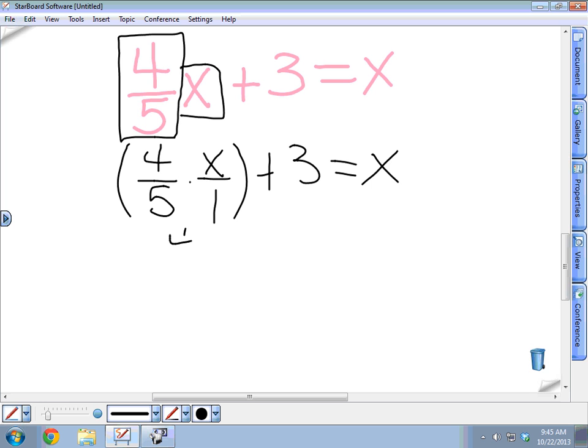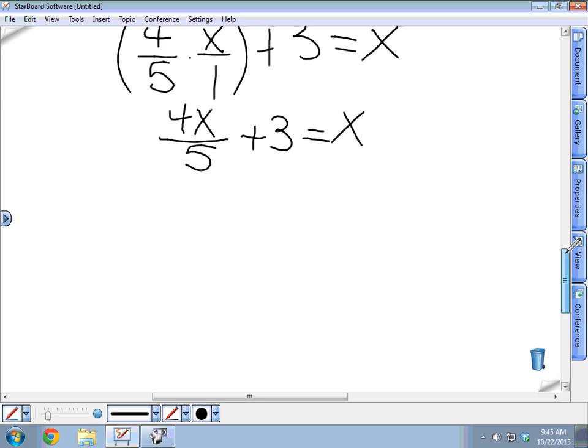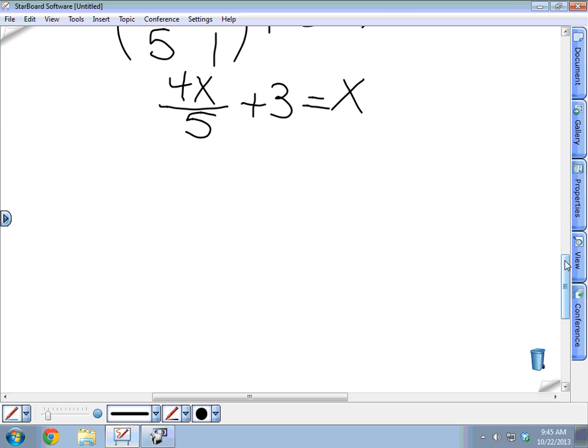So 4 times x is just 4x. 5 times 1 is 5. Plus 3 equals x. That may be a little easier for you than the 4/5 x if you write it as 4x over 5. Then what do you do?